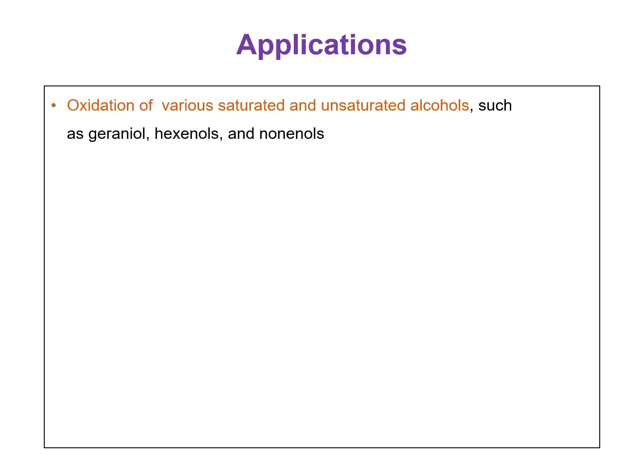Applications. This reaction is nowadays very common for converting saturated as well as unsaturated alcohols such as geraniol, hexanols, nonenols. So all straight chain alcohols can be easily converted into their respective aldehydes or ketones.